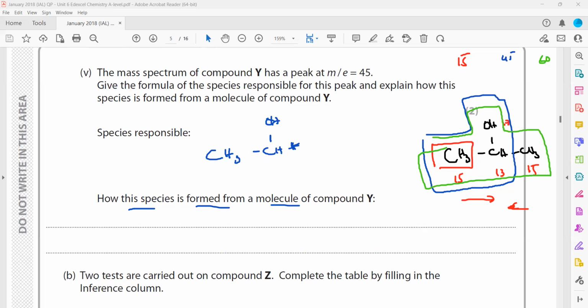You will mention that it breaks down by loss of a free radical CH3, because CH3 is missing from here and we collect the rest. So by loss of a CH3 radical, this peak is formed.